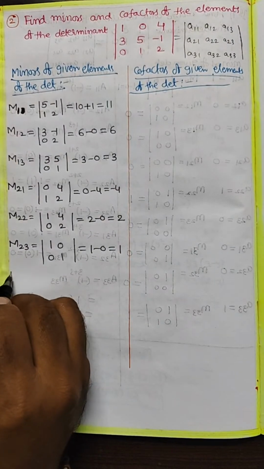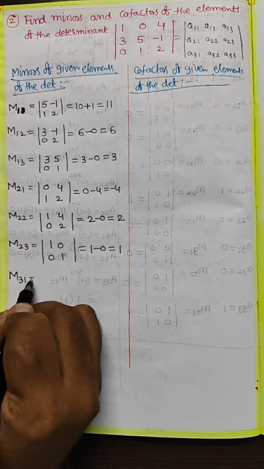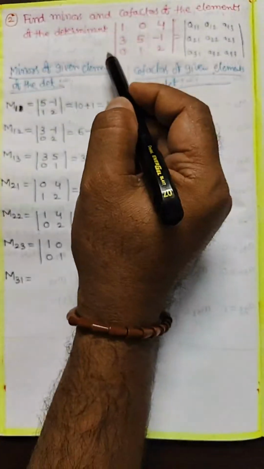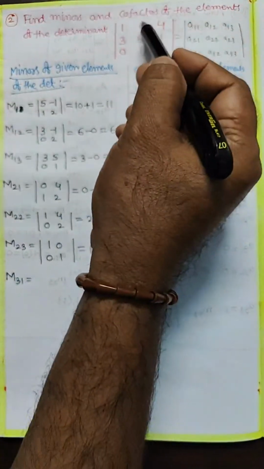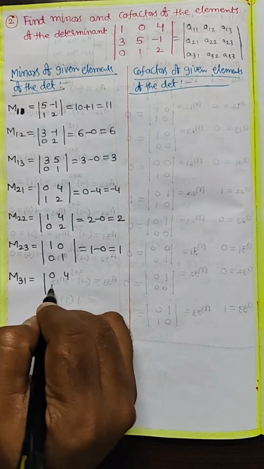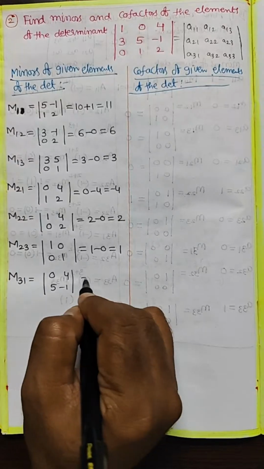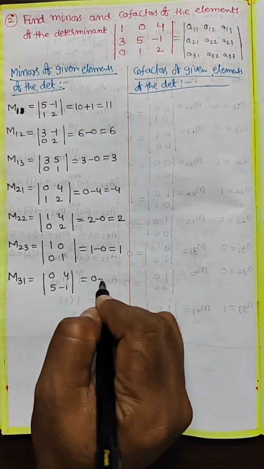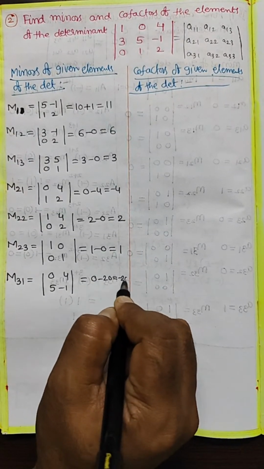Next, M31, the minor of third row, first column. Eliminate them: 0 4, 5 minus 1, which is equal to 0 minus 20, that is minus 20.